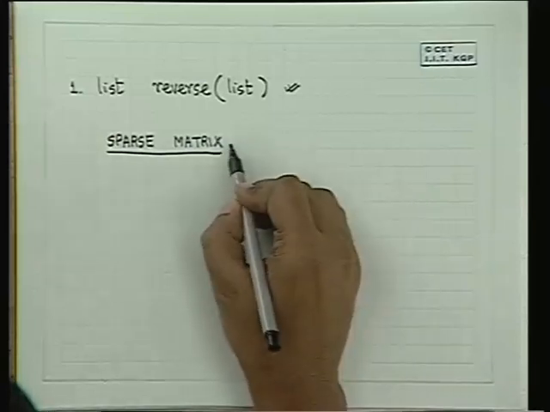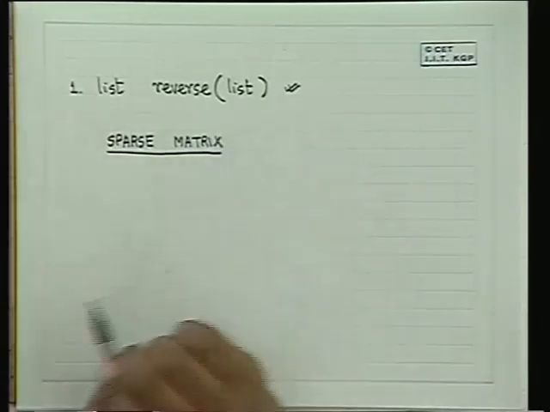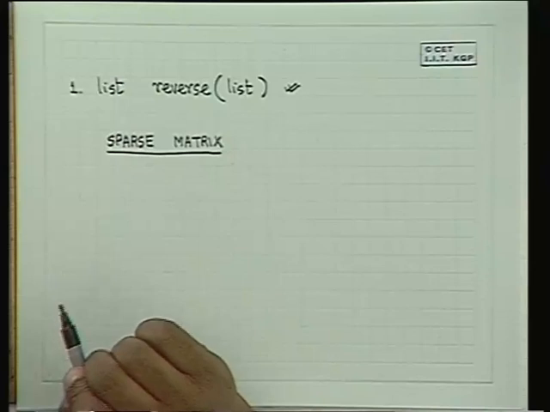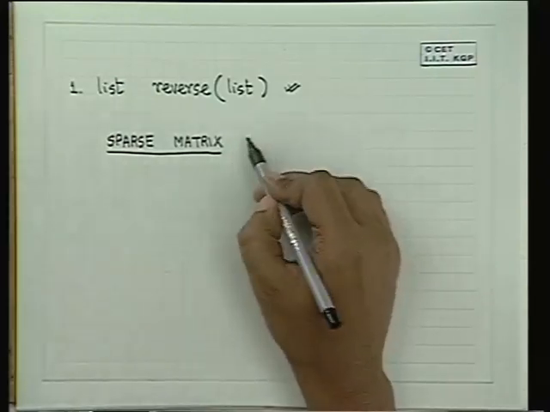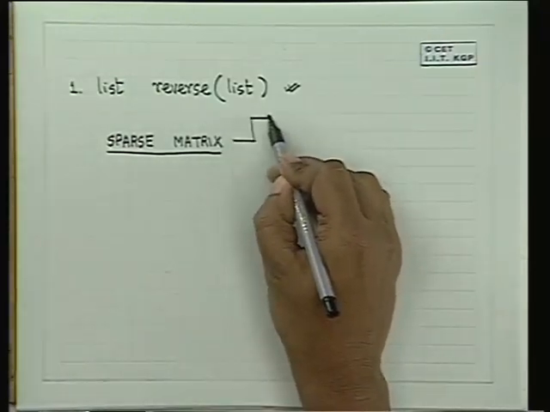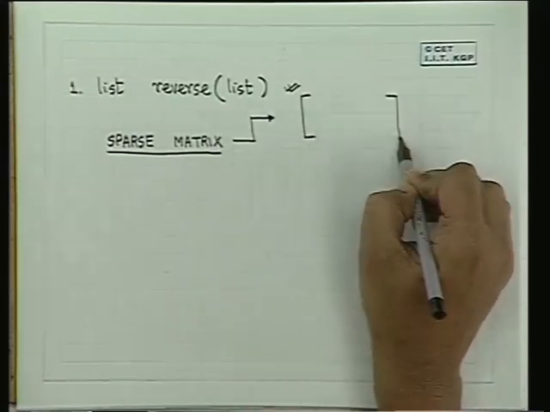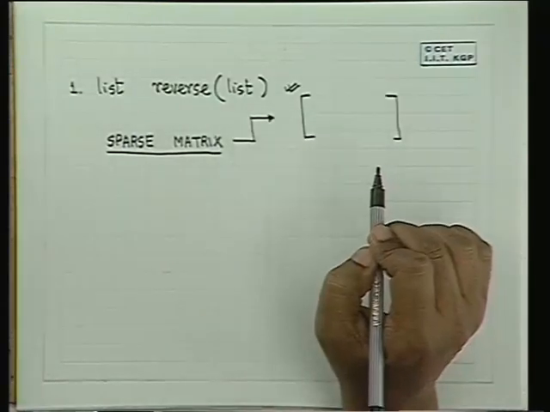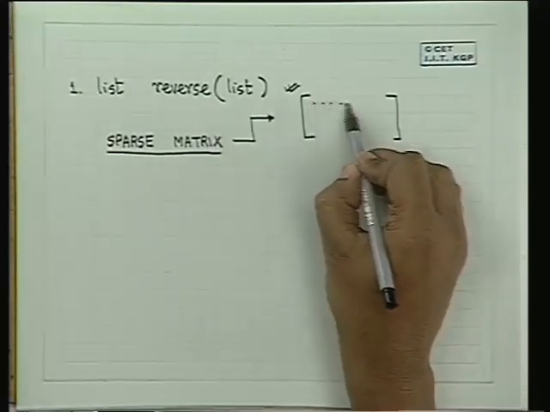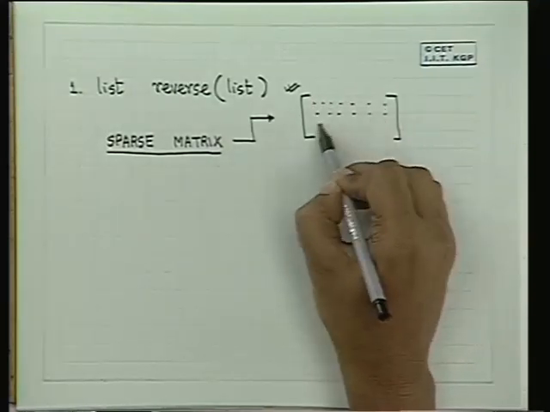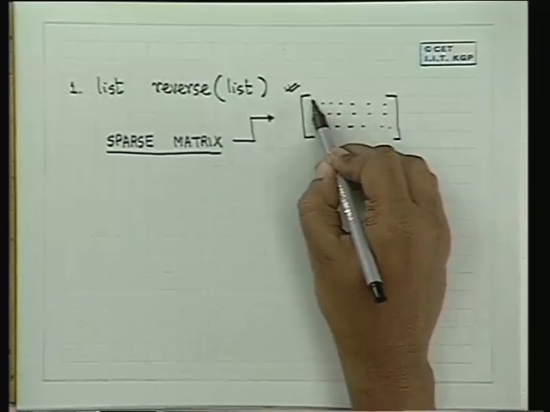So how would I create a data structure for a sparse matrix? So let us see the alternatives. The first alternative for declaring a sparse matrix is I declare an array of full size, and in that array I will put in the elements. The non-zero elements I will fill up.